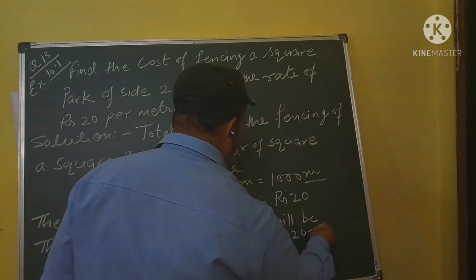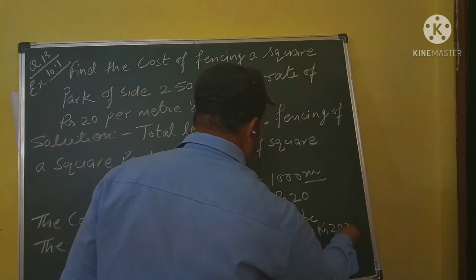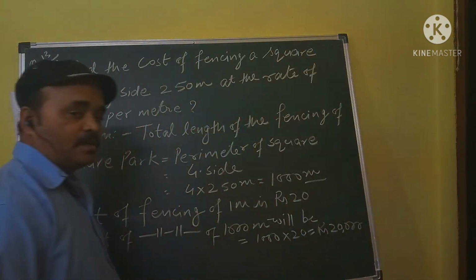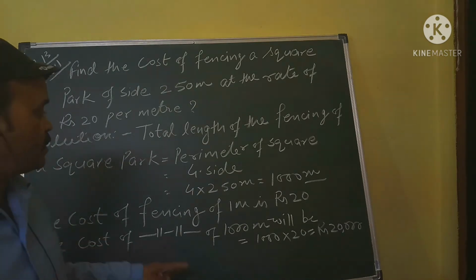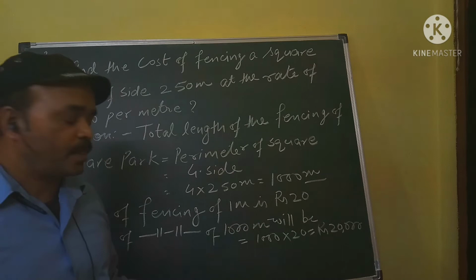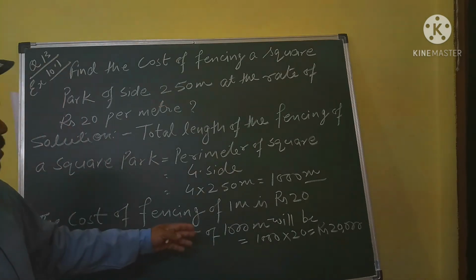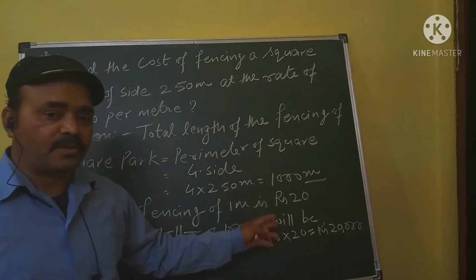It will give you rupees 20,000. Rupees 20,000 is the total cost of fencing of the square park. Okay, my dear student, this is the required answer for your required question.